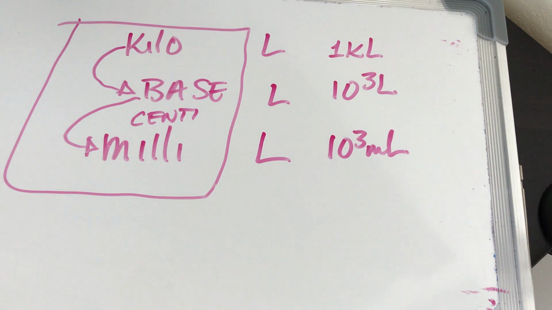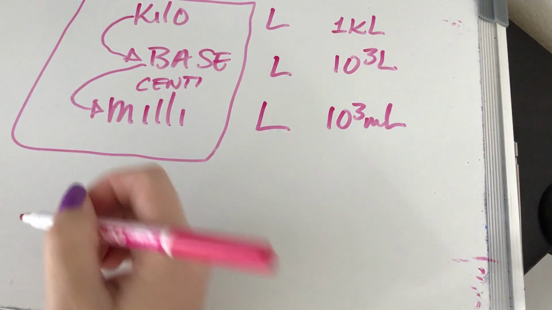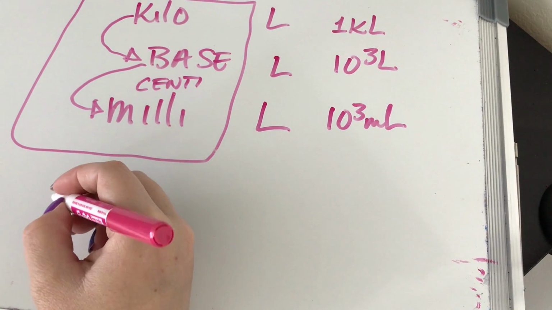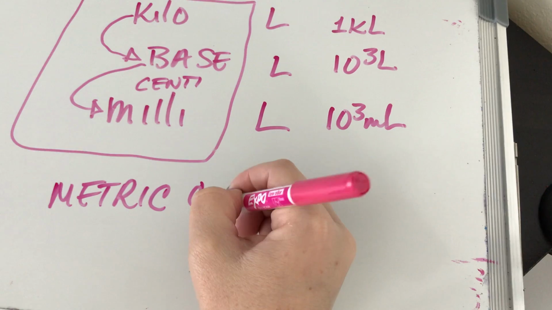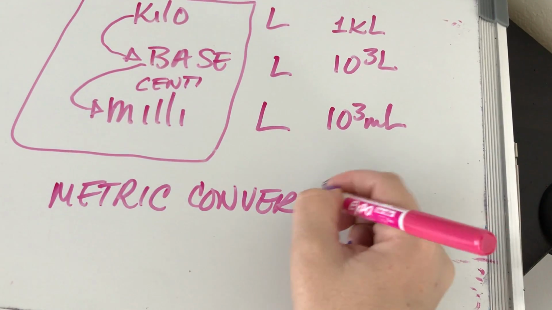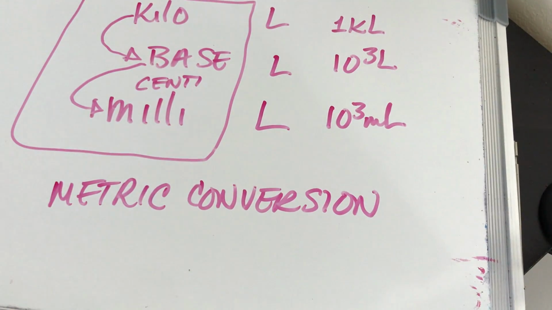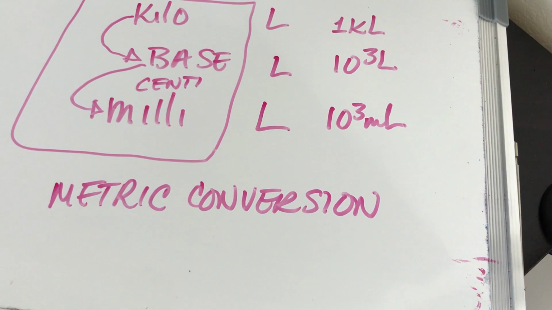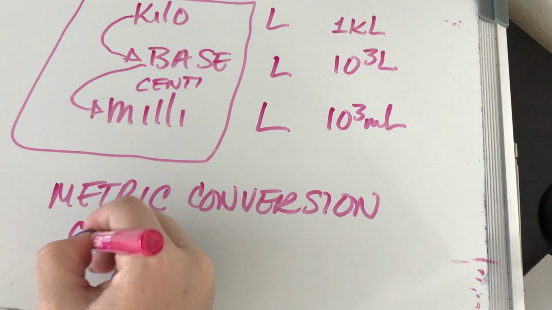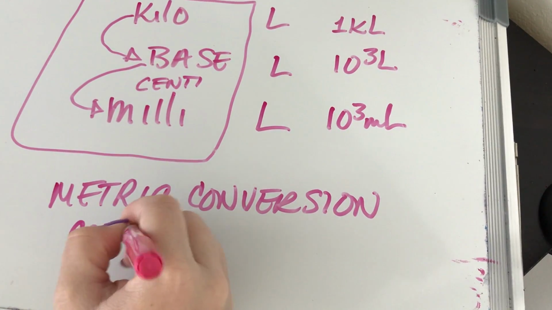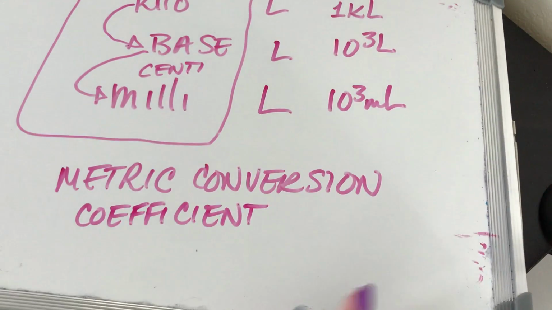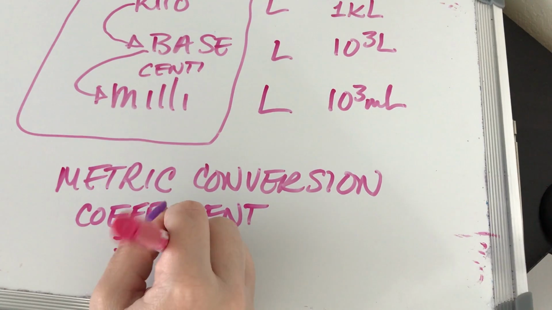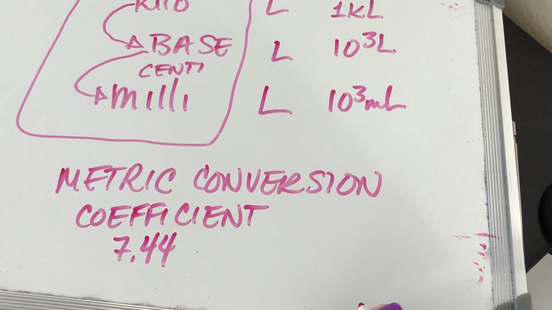So this example that we just did is kind of one like that, right? Especially when you're doing metric conversions. Non-metric conversions won't always be this way, but with metric conversions, in the last problem that we were working on, the coefficient was 7.44, right?